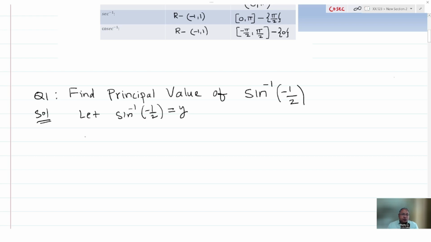So it implies sine y equals minus 1 by 2. This is step number 1. This can be written as minus, and here is 1 by 2. Now after that you go to the table.